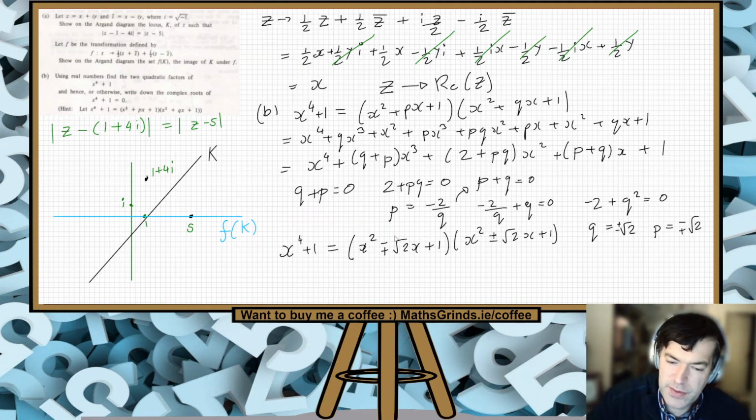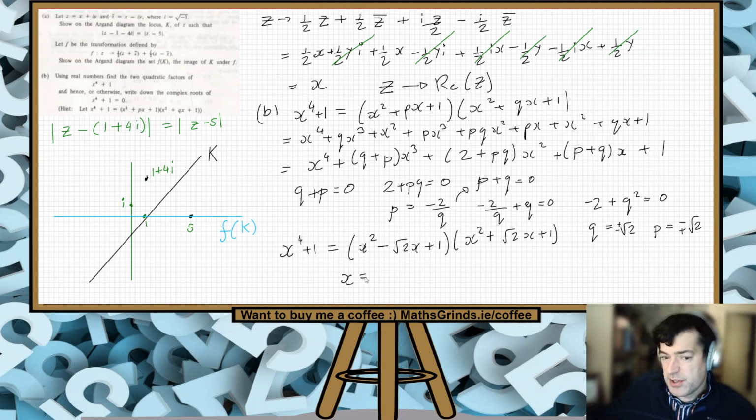But if we choose the minus here and the plus here, that's the same as choosing the plus here and the minus here. So it's actually a bit redundant to consider both possibilities. It's enough just to consider this. Now, we can solve this using the quadratic formula. Minus b plus or minus the square root of b squared minus 4ac. It should be imaginary.